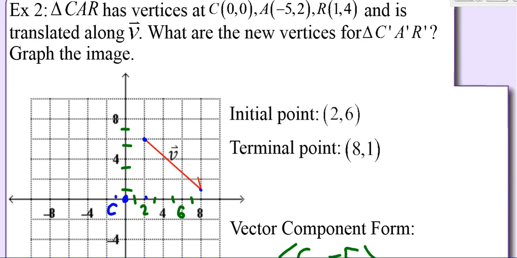Don't forget all the ones I didn't mark over here. So (-5, 2). And then R, (1, 4). And it's a triangle, so you can draw it out.